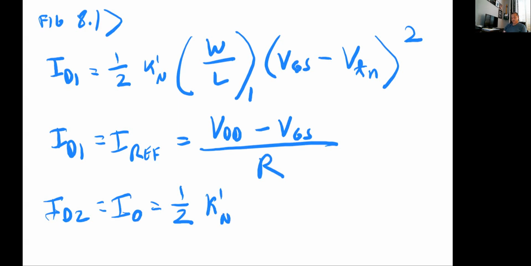Remember what K prime is. That involves the gm of the transistor, the capacitance of the gate oxide, the mobility. So all these things go into the gm of the transistor, but mainly the mobility, the gate oxide capacitance, and all that. There's nothing you can do about the K prime.